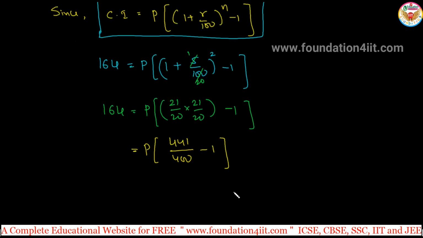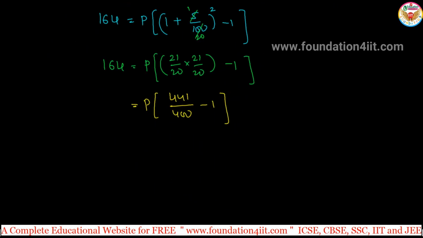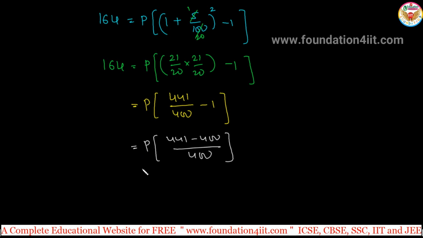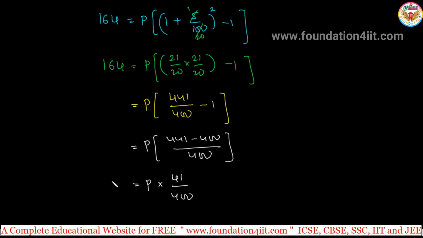Do LCM here. Let us simplify. P in the bracket, 441 minus 400 divided by 400, the LCM is 400. So P into 441 minus 400 is 41 by 400, that is 164.